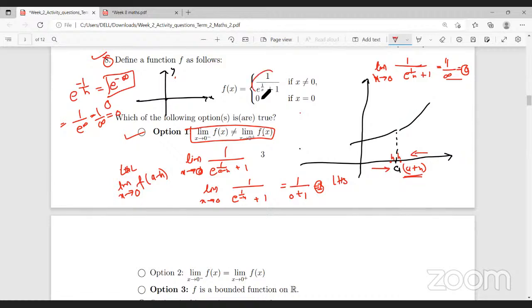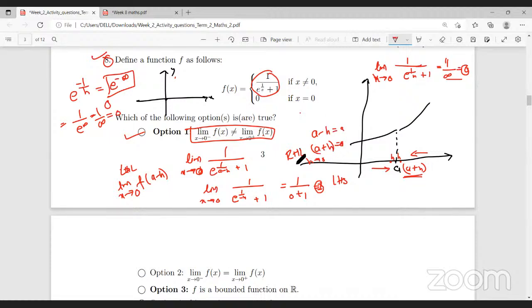So if there's some complex function like this, always go by the definition. Just consider 2 points: for the left hand side, consider a minus h, and when we are checking for the right hand limit, it will be a plus h, and then h tends to 0. Because when h tends to 0, this point will become a only, in both the cases.